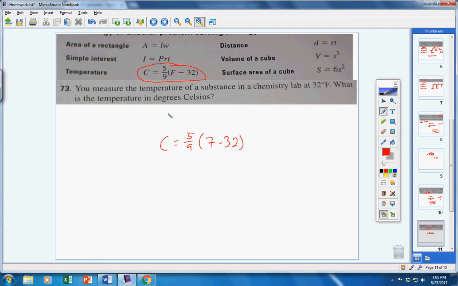Now the temperature is 32 degrees Fahrenheit, so where the F is, I'm going to put 32. So we have 5/9 times 32 minus 32. And obviously my answer is going to be 0 degrees Celsius, because 32 minus 32 is 0, and 5/9 times 0 is 0. So your answer is 0.